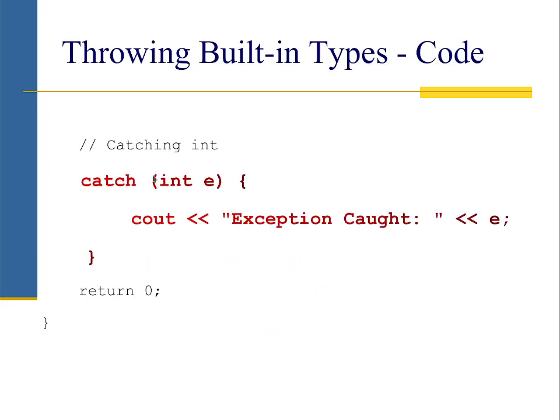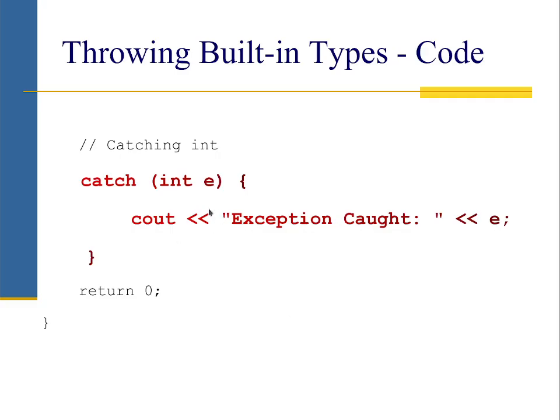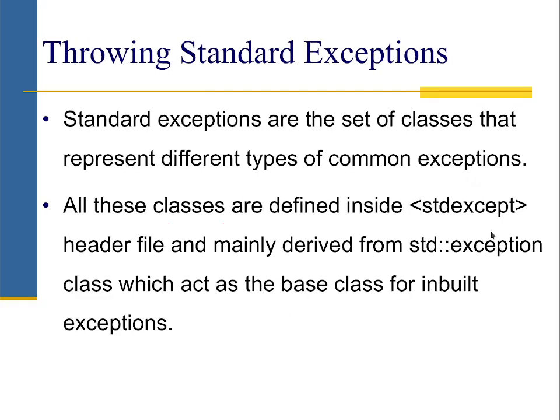Here is the catching side: catch int e, then it prints out the exception, e. This one is throwing -1, and this one is receiving it into e, then displaying it.